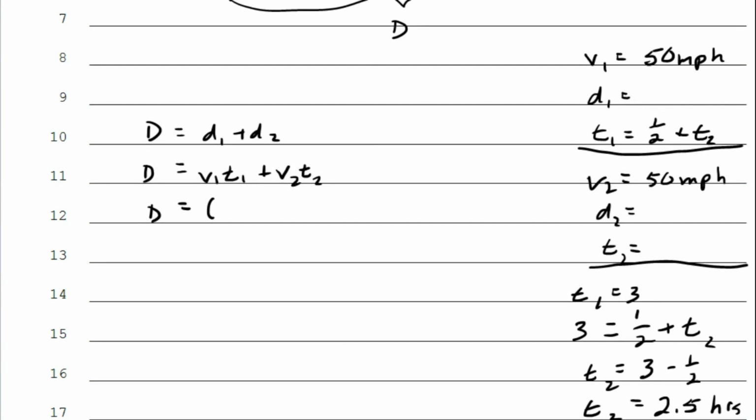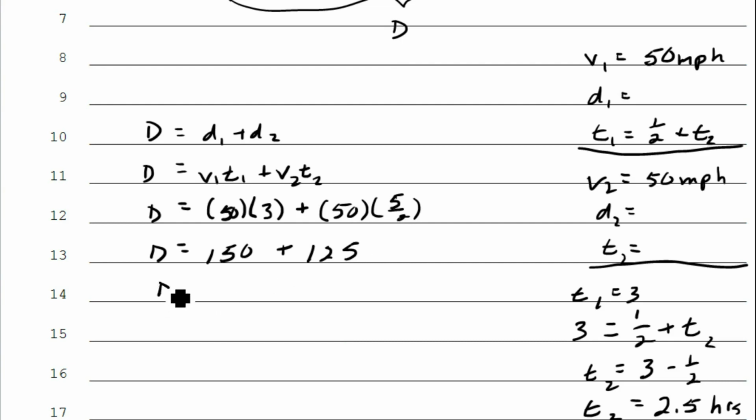We have 50 miles an hour for car 1, and the time for car 1 is 3 hours, plus 50 miles per hour for car 2, and the time for car 2 is 2.5 hours, 5 halves. So this is 150 plus 125. Total distance apart is 275 miles.